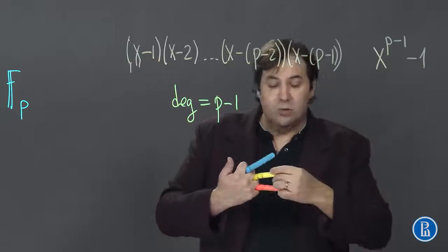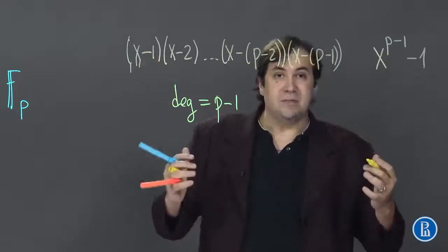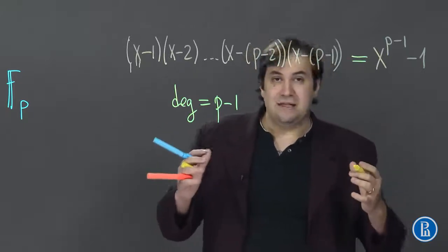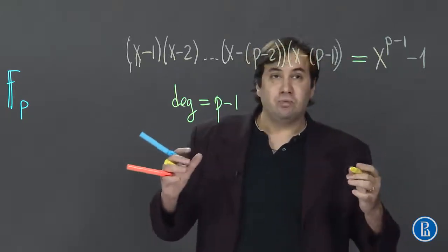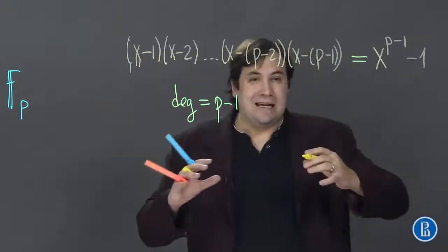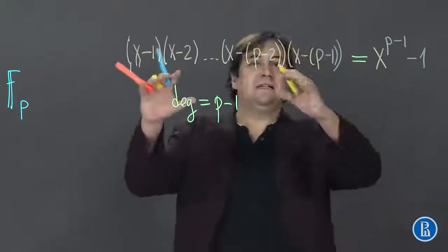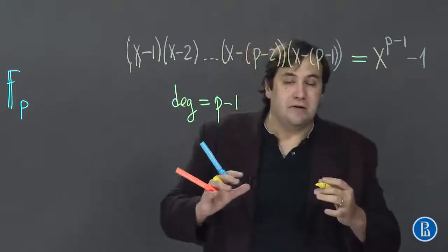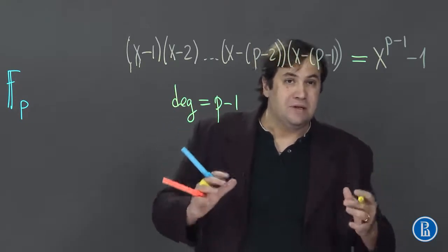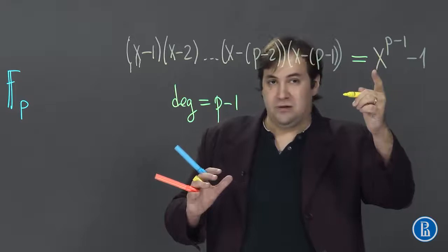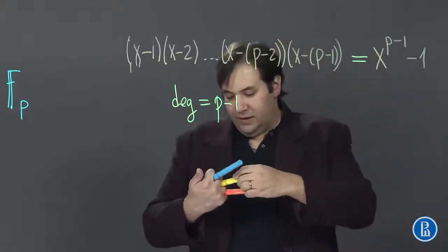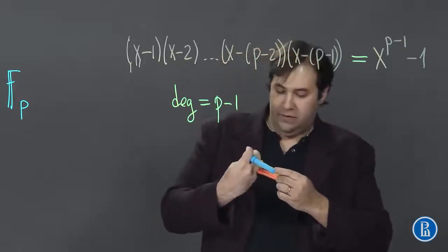Then these two polynomials are simply equal as polynomials. This means that if you take this expression and multiply all of these brackets to each other while expanding them, you will receive simply x to the power p minus 1 minus 1.